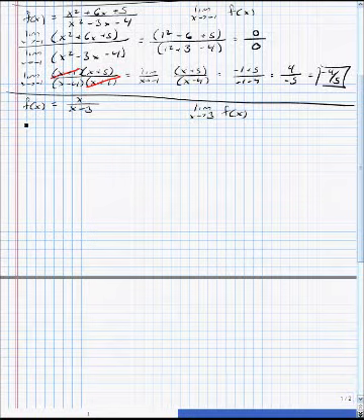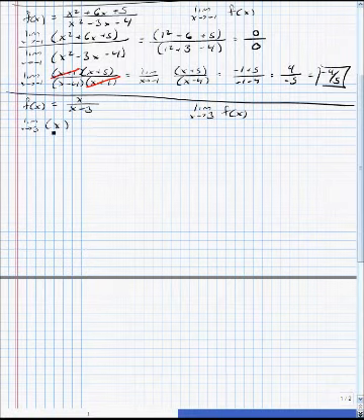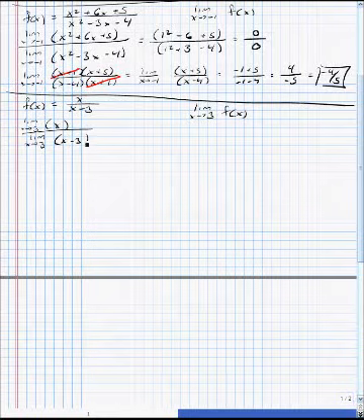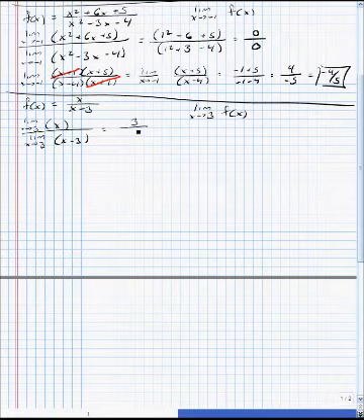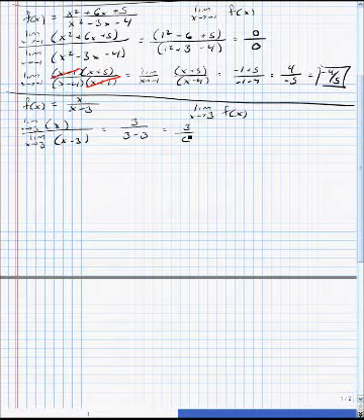Now, just like in the last two problems, we're going to split the ratio up into the limit as x approaches 3 of x over the limit as x approaches 3 of x minus 3. Now, if we place in 3 for x, we'll get 3 over 3 minus 3, which comes out to 3 over 0.